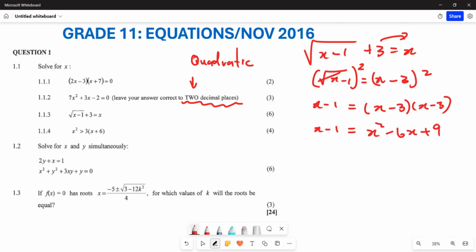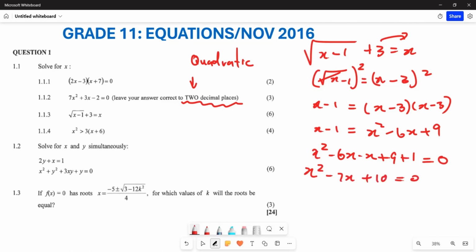Now, when you take the x subtract 1 to that side, this is x squared subtract 6x, minus x, plus 9 plus 1 is equal to 0, which means x squared subtract 7x plus 10 is equal to 0.